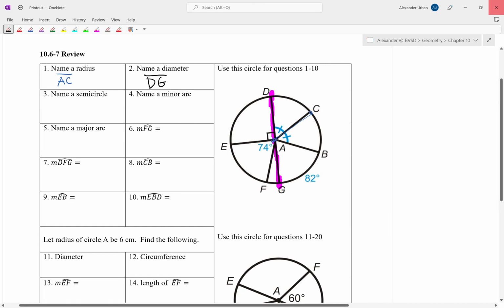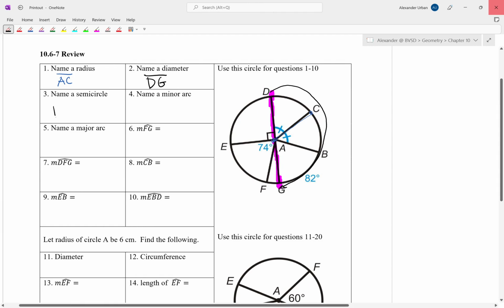Now, a semicircle is half of a circle, so you could start from D, go all the way to G, but we have to denote that we are going to be utilizing another point. So D to G as a semicircle, it's a major arc. So we're going to go through at least one of the points on the outside of the circle, or the circumference of the circle.